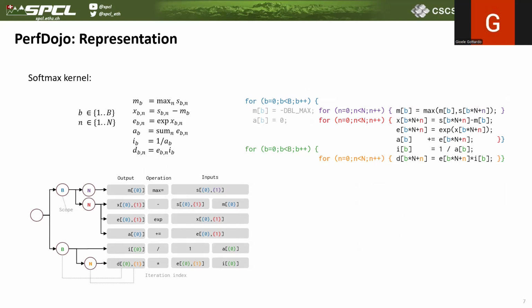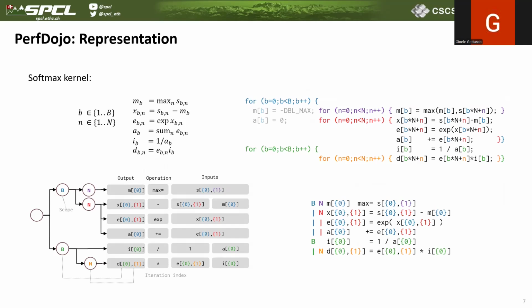So in this tree, each internal node is a loop, and the leaves are the operations. And this is the corresponding textual representation for this kernel. This is very important because it is what we feed to the large language model to summarize and create the embeddings.